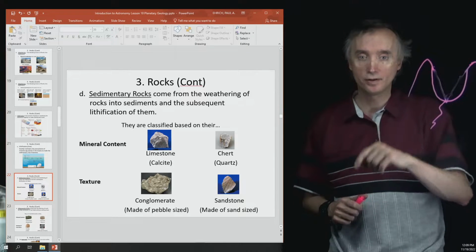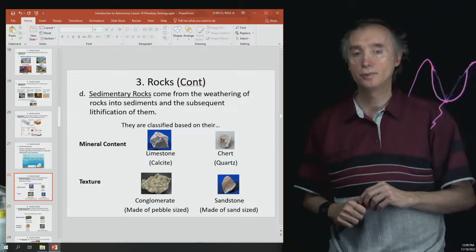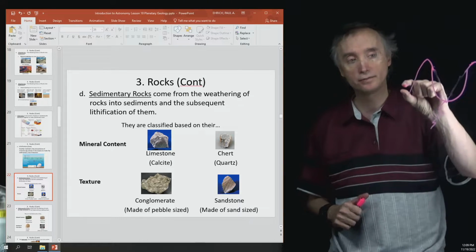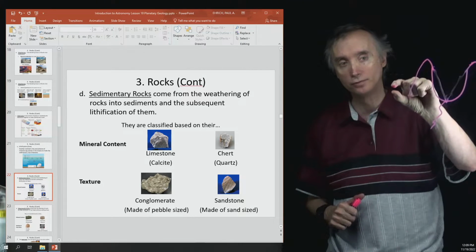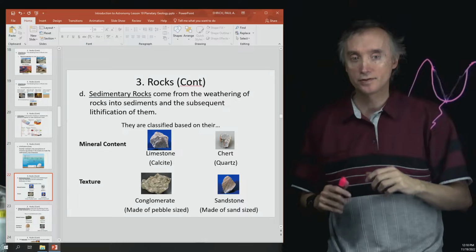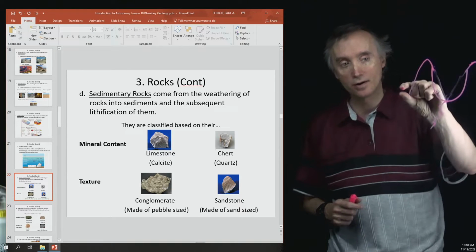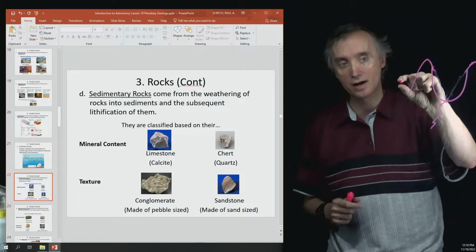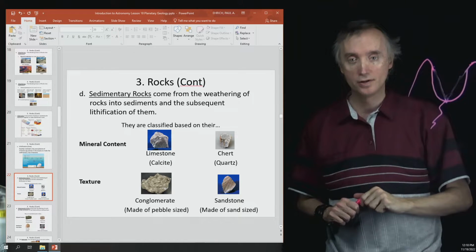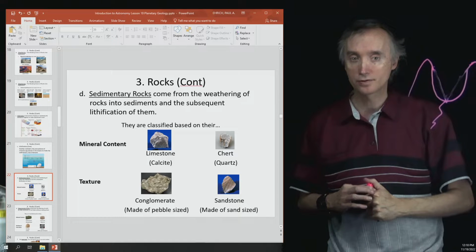So that first one there is called a conglomerate, and it is composed of pieces of rock that are about the size of a pebble, and they're all glued together. But look at sandstone. Sandstone is a sedimentary rock that is composed of pieces of material that are sand-grain size and are glued together. So again, that's one way of classifying sedimentary rocks.